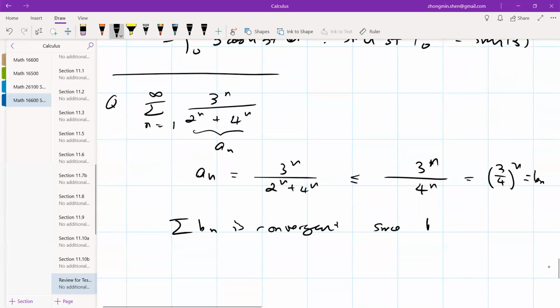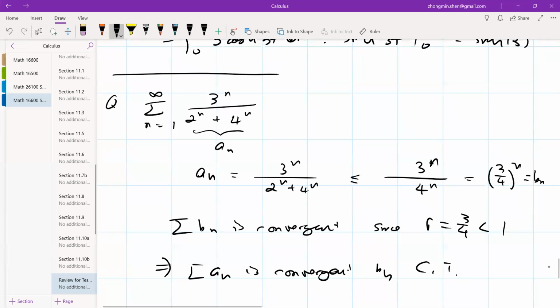Since r equals 3 over 4, which is less than 1, this is a geometric series, and obviously a geometric series is convergent. So that concludes that this is convergent by the comparison test.